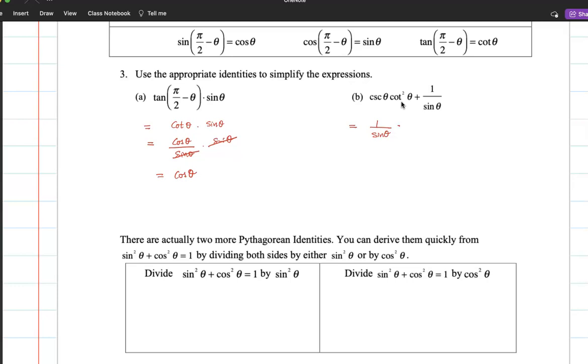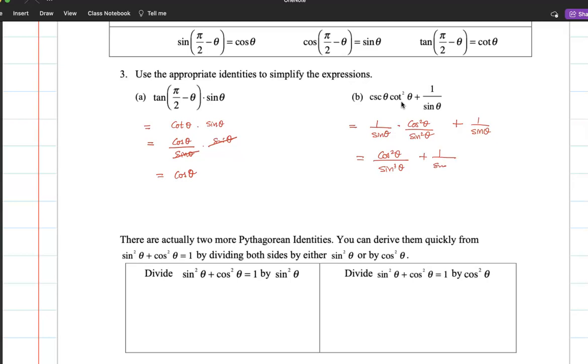Tan is not a basic building block. So cot squared theta is cos square theta upon sine square theta, because it's squared, so both are squared. Plus 1 upon sine theta. So now this becomes cos square theta upon sine cube theta, plus 1 over sine theta.